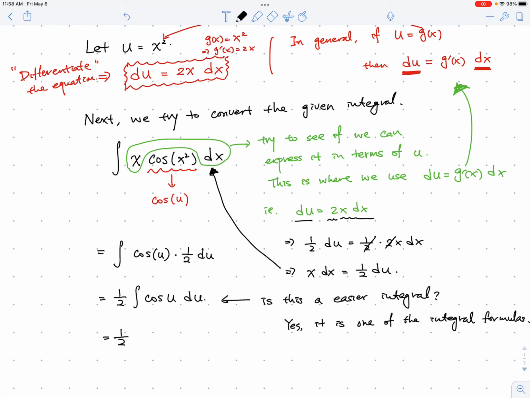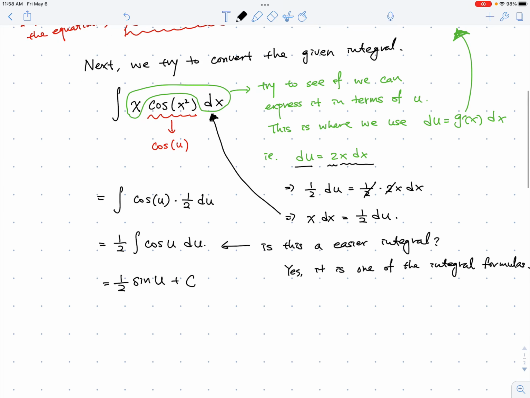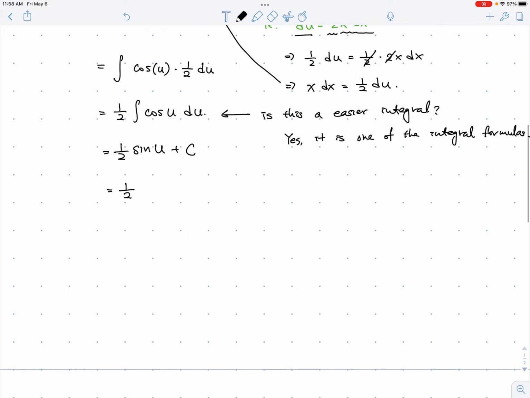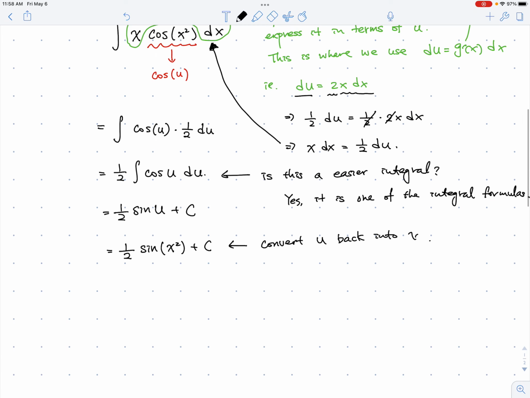The antiderivative of cosine u is sine of u. But we're not done yet. u is something you created in the middle in order to solve the problem, so you convert u back into x.